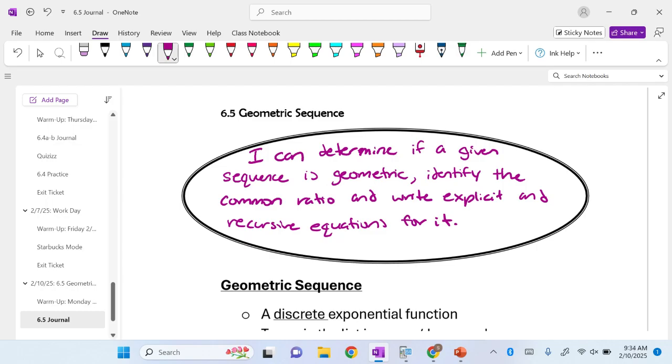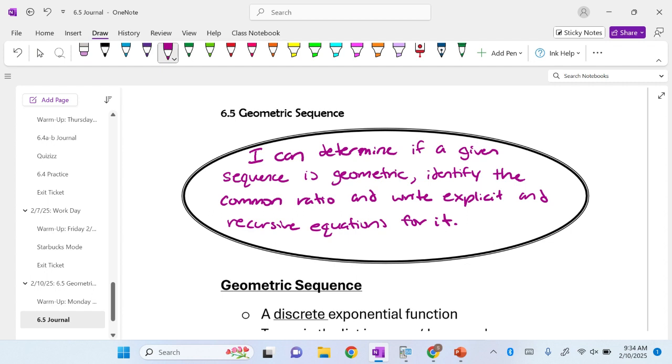Which of these values gives you the common ratio? B. The b value, the official mathematical name for that, is the common ratio. And remember, the b value is what we were multiplying between the y values of our table to get to the next value.